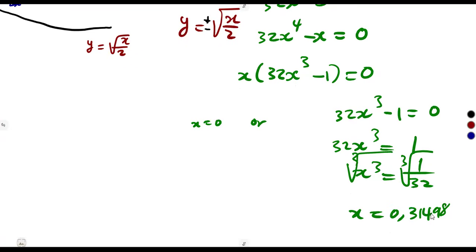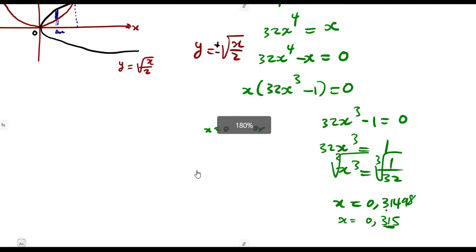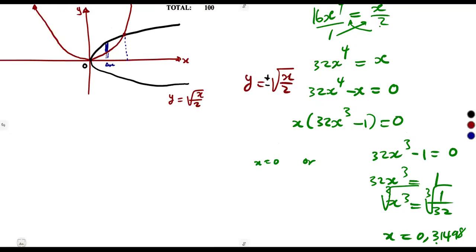So guys, you use that x there. If you are using 3 decimal places, it's 0.315, or you can just use the 0.31 decimal place, guys, for calculations. So this is what you need. You need this value. It is important here.